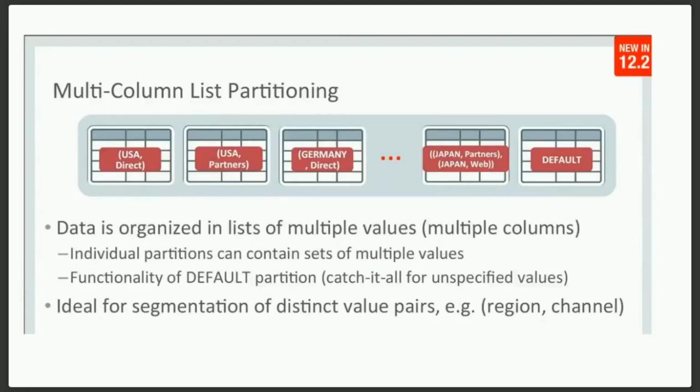I think this means the channel being used for sales, like direct or partners. So that's the second column that's being used to list partition this table. So I have the concept of multi-column list partitioning introduced with Oracle 12.2.